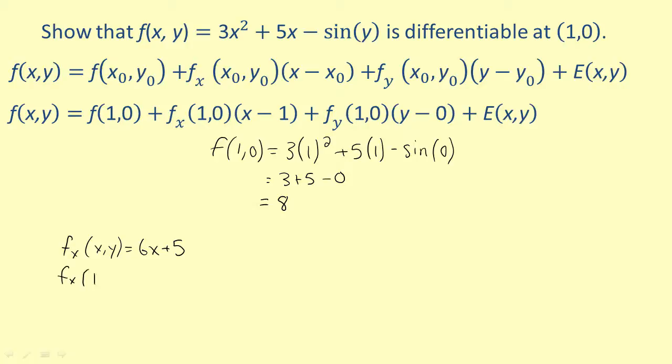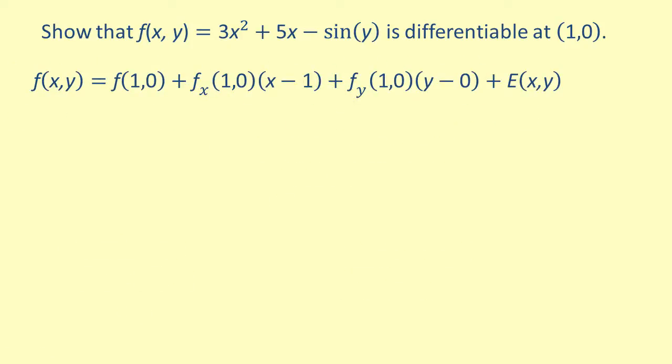Evaluating fx at (1, 0) gives 6 times 1 plus 5, or 11. The only term in f that contains y is the sine term, so the derivative with respect to y is negative cosine y. We know that the cosine of 0 is 1, so fy(1, 0) is negative 1.